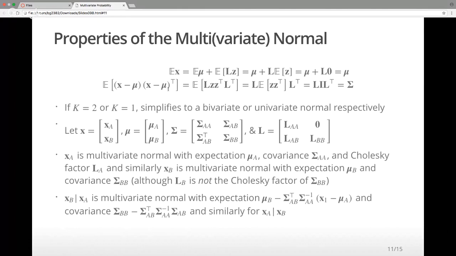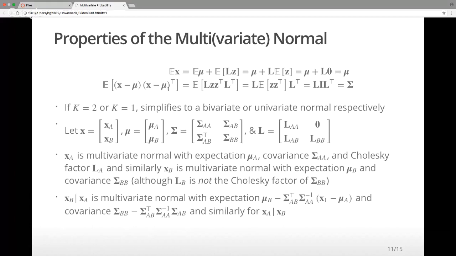So just finishing out some of the properties of the multivariate normal distribution. These follow pretty easily from the linearity of the expectation operator. So the expectation of x under a multivariate normal distribution is the expectation of mu plus L times z. Mu is a constant, so the expectation of mu is just mu.